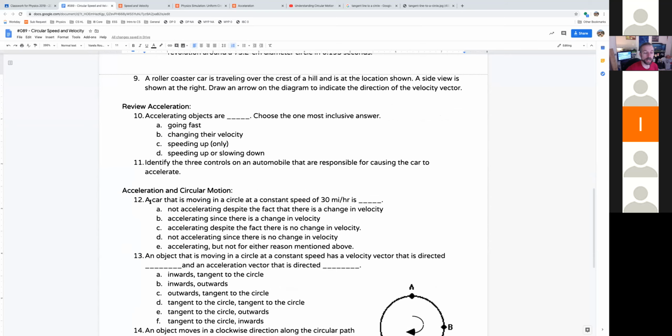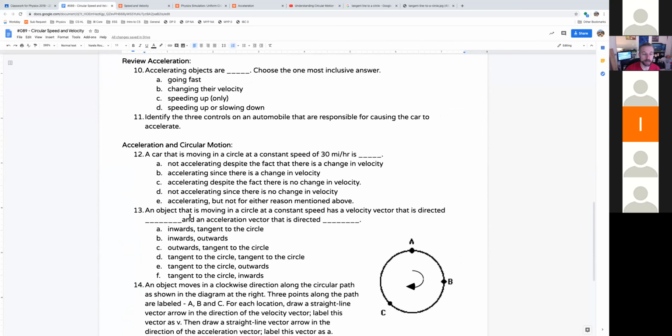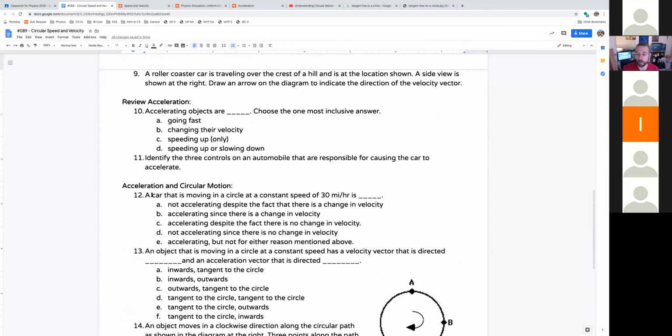Okay, so then you have some multiple choice questions about acceleration and circular motion here, right? So let's go over a couple of these and then, yeah, we've got a couple minutes. So a car that's moving in a circle at a constant speed of 30 miles per hour in a circle, we know acceleration has to do with both speed and direction.